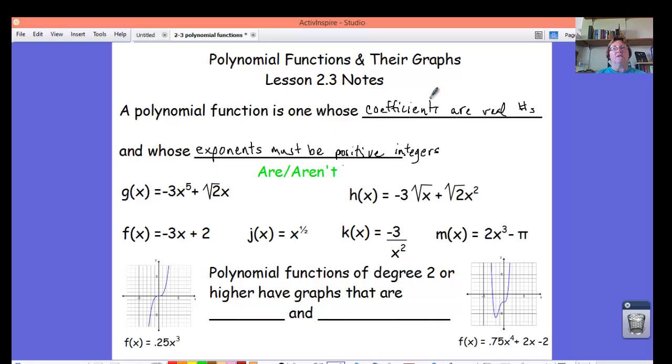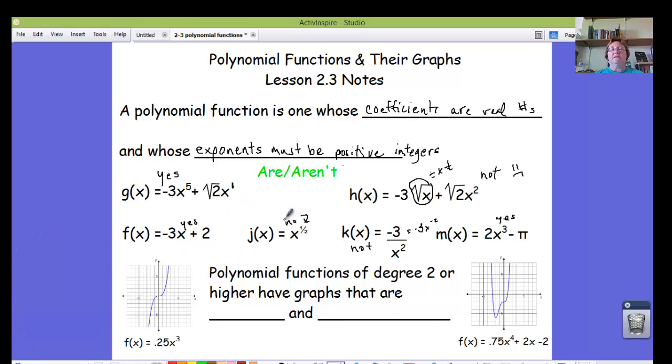So we are good there. Exponents, positive integers. Well, this one's 5, and that is a positive integer. This one, of course, isn't shown, but it's assumed to be 1, and that also is a positive integer. This is a yes. This one is a polynomial function. I'm going to ask you to do the same thing for the other 5 functions shown. So let's pause the video and decide whether they are or aren't.